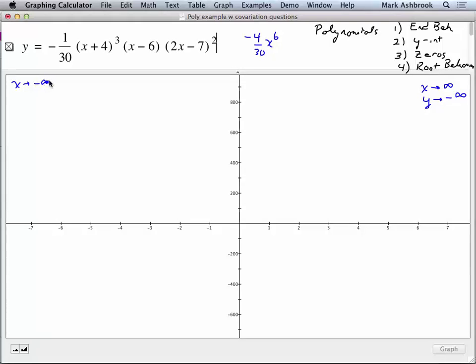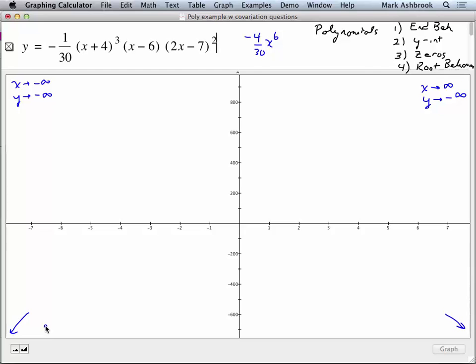If his leading term is right, then that's right. 3, 4, 5, 6. There's just 6 of them. Okay, so you're saying out to the right, up or down? Down. Out to the left, down. Okay, so I'm going to just put arrows like this. Okay, end behavior.